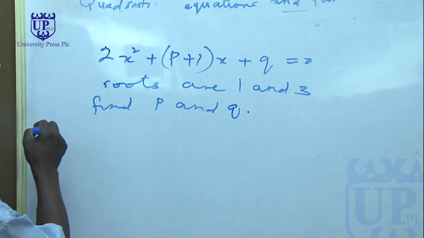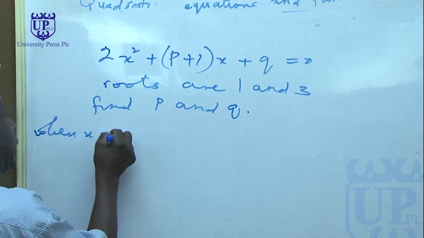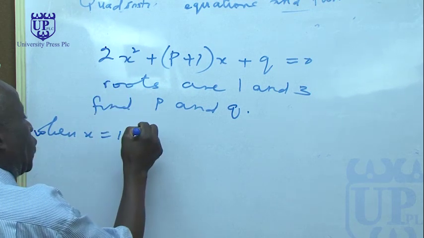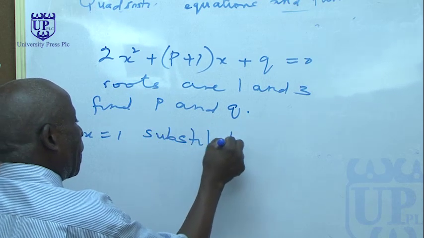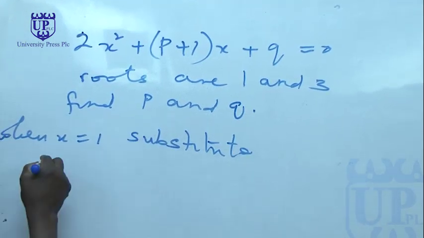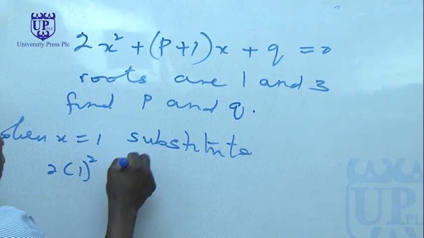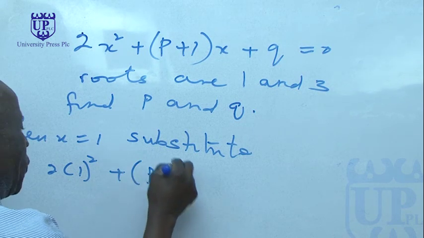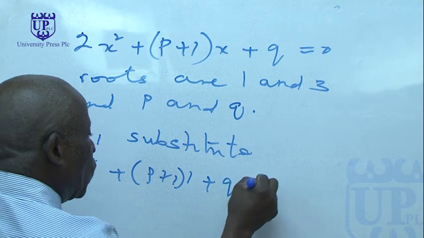When x is 1, substitute. You get 2 into 1 raised to power 2 plus bracket p plus 1 multiplied by 1 plus q equals 0.